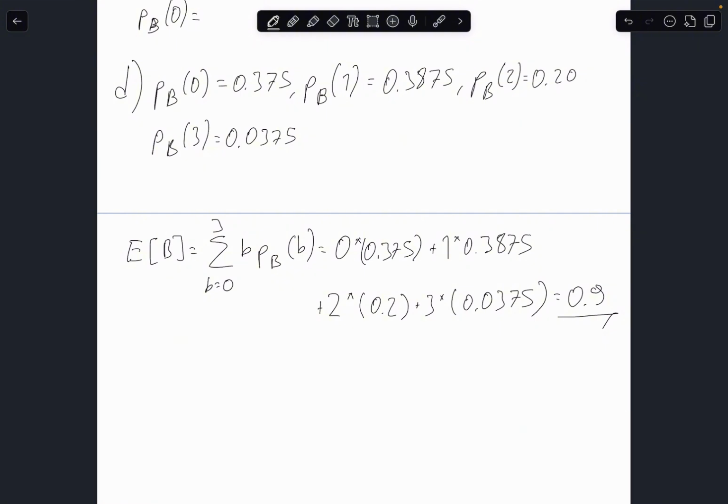Thus, on average, there are 0.9 boys in a randomly chosen family.